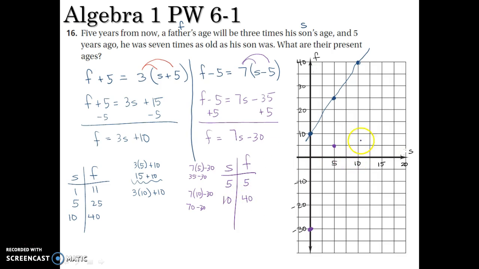So over 10, up 40, hey, coincidence? That point is where these two lines intersect, right here at 10, 40. And so 10 is the S and 40 is the F. So that means that when these two intersect, the son is 10 years old and the father is 40 years old.